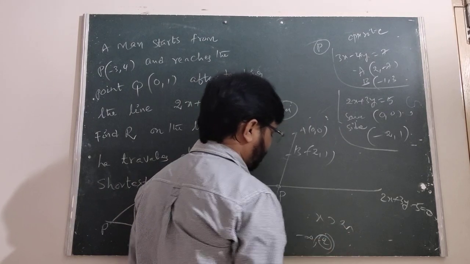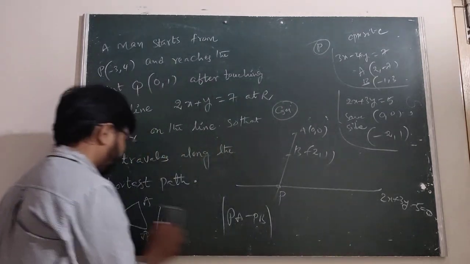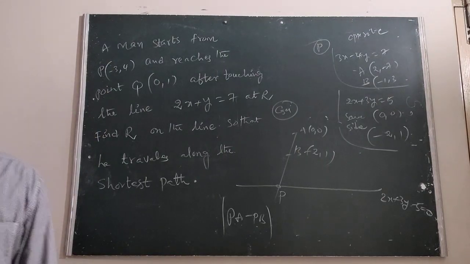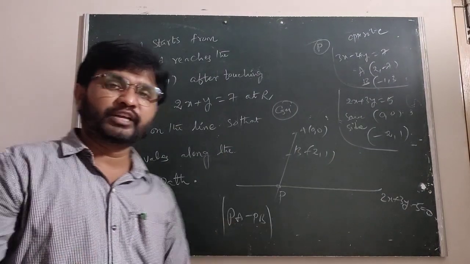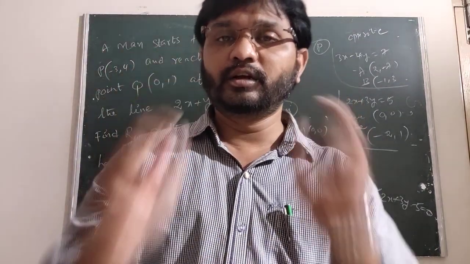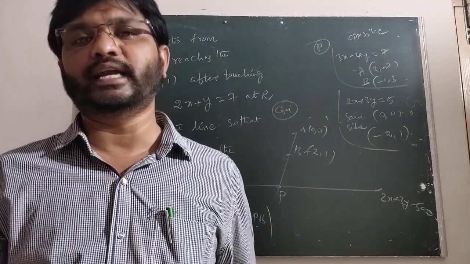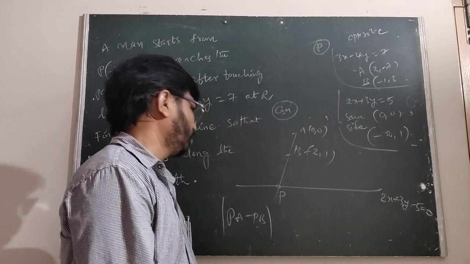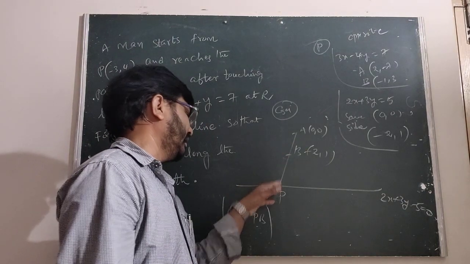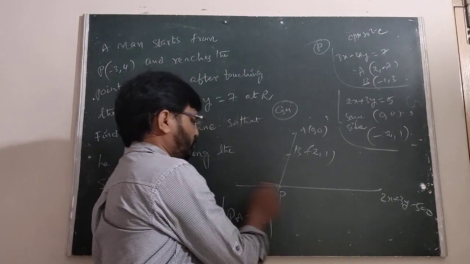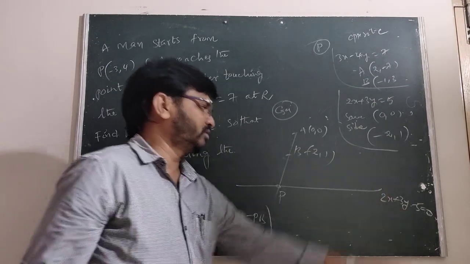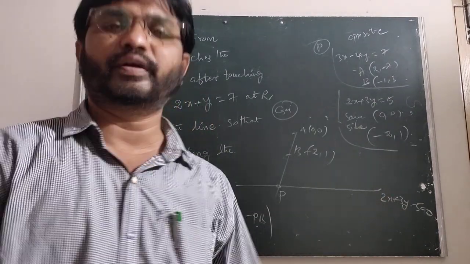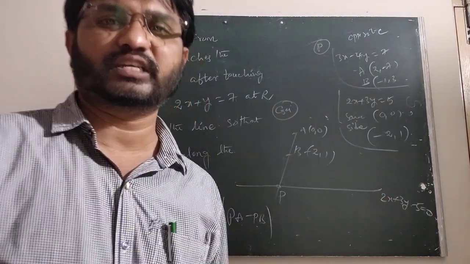Here the maximum value is 2. Therefore, the question becomes the maximum distance. How to find the maximum point with respect to A and B and the line 2x plus 3y minus 5 equal to 0? Also find the ratio, point and distance.